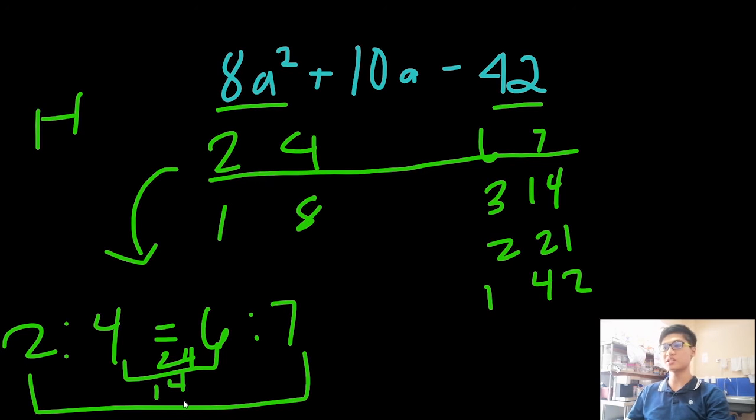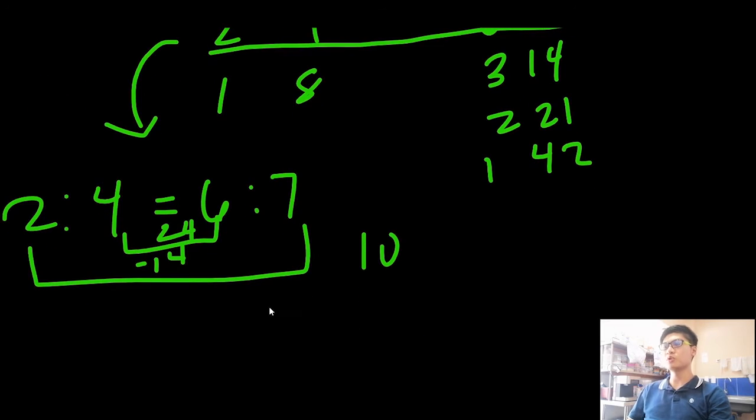Now what we want here is to get the middle term, which is 10a. And that is already possible from the answers that we got. By making one of these terms negative, we can achieve positive 10. And that is by making the smaller number negative, which is 14. Now it becomes negative 14. And that's it. 24 minus 14 gives us positive 10.